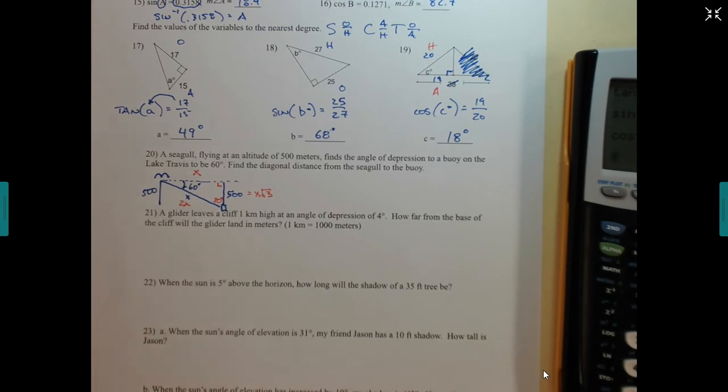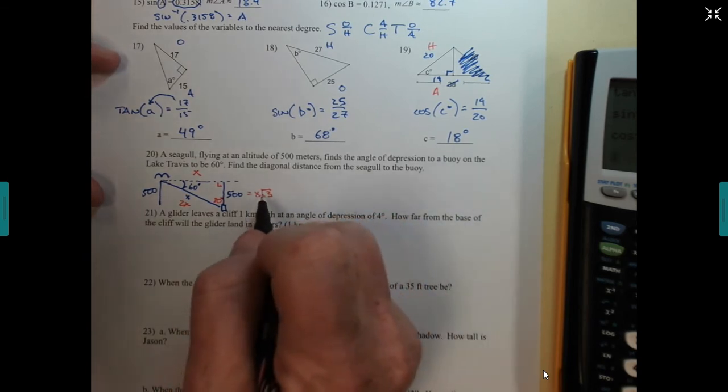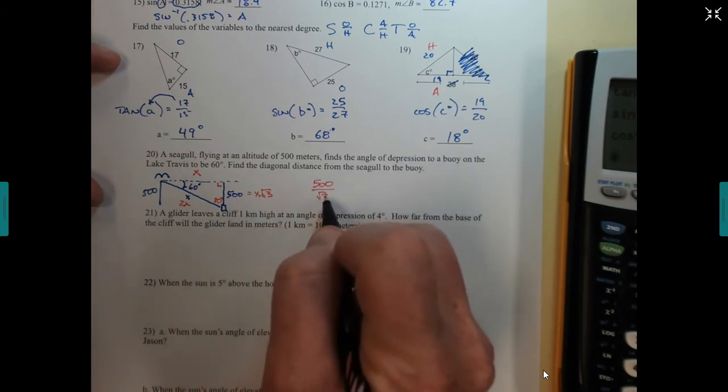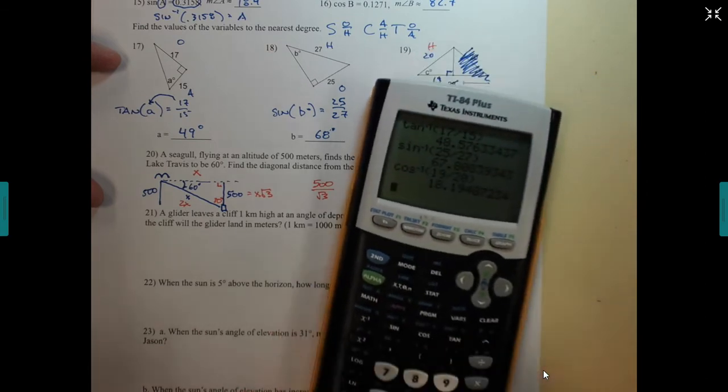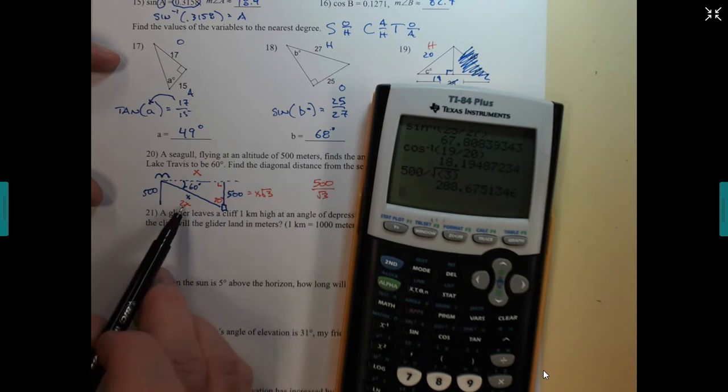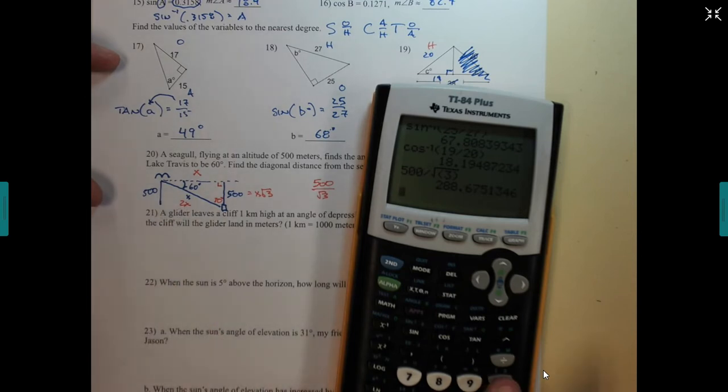So if I want to find x, I just have to divide the square root of 3 over to the other side. And so I can go 500 divided by the square root of 3 and get a decimal answer. Just beware, they want the diagonal distance, which is actually 2 times x. So just take that answer times 2.